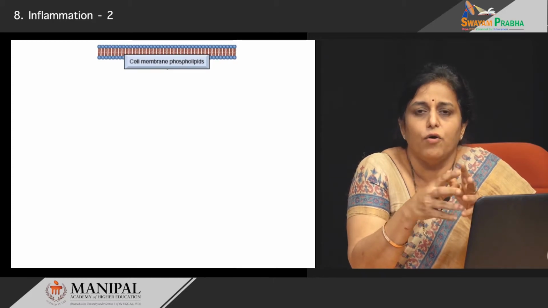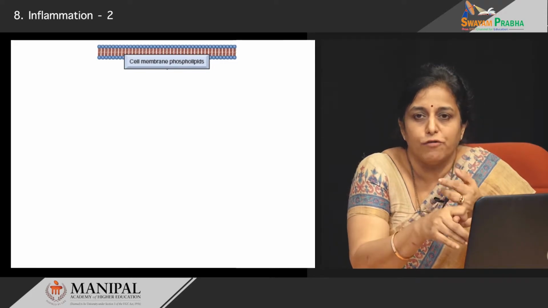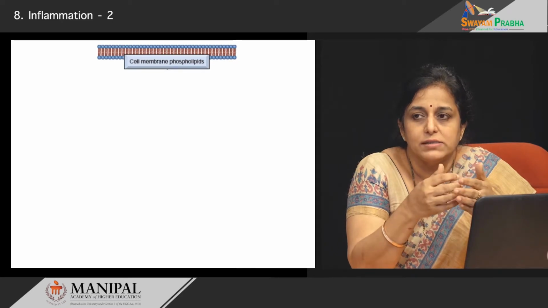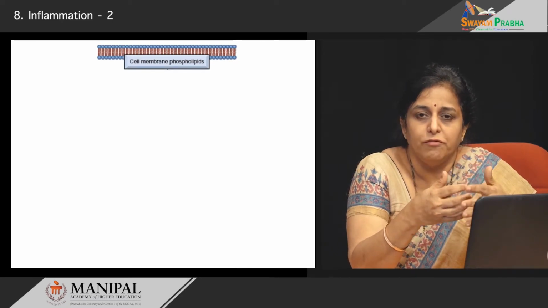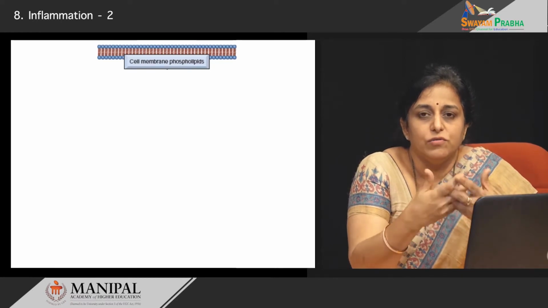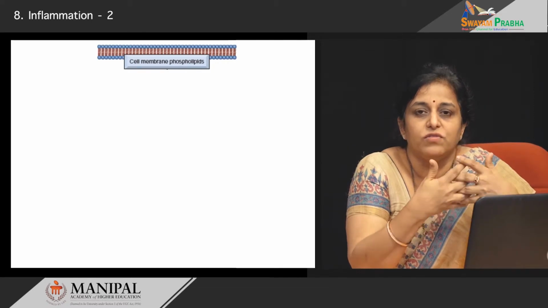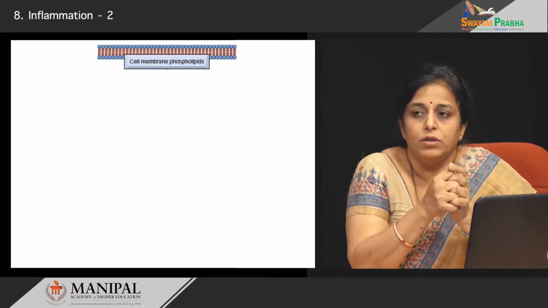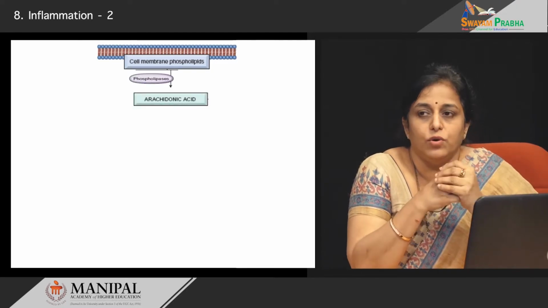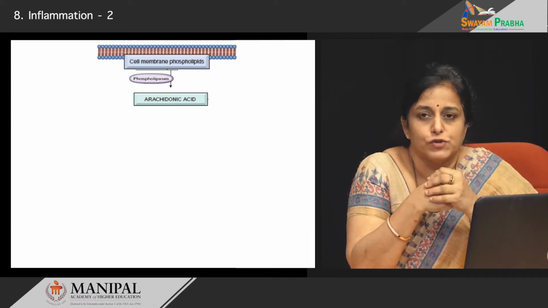Whenever there is inflammation, whether it is neutrophils, macrophages or other cells, apart from releasing the preformed mediators, these immune cells also start producing new chemical mediators to sustain the inflammation. Now, the membrane phospholipids are converted to arachidonic acid, and this process is brought about by the action of the enzyme phospholipase.